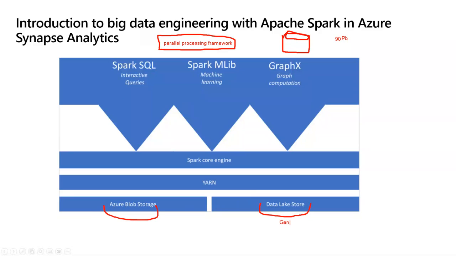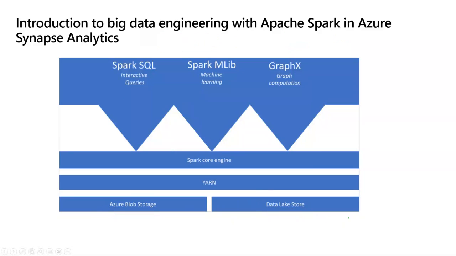Now, again, I'm gonna give you a tip. What about Generation 1 compared to this Generation 2? Something where they upgrade something? Yes. Data Lake Generation 1 is, again, I did something wrong here.